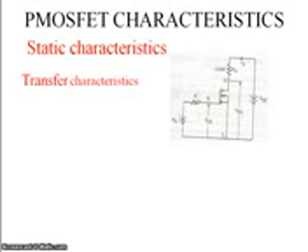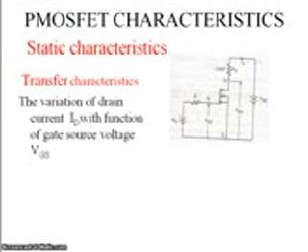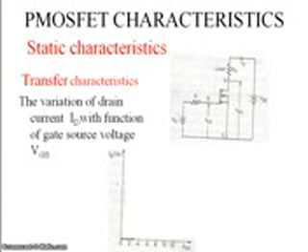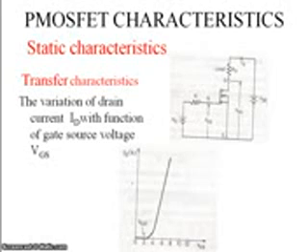Here the source terminal is taken as the common terminal between the input and output of the MOSFET. The transfer characteristic is the graph showing variation of drain current ID as a function of gate source voltage VGS. A typical transfer characteristic is shown in the figure.